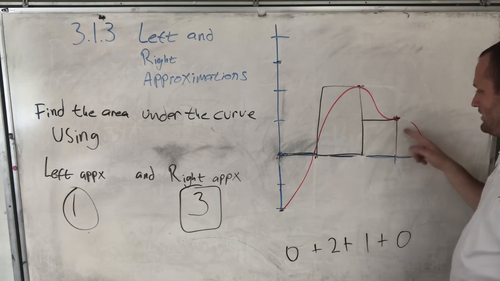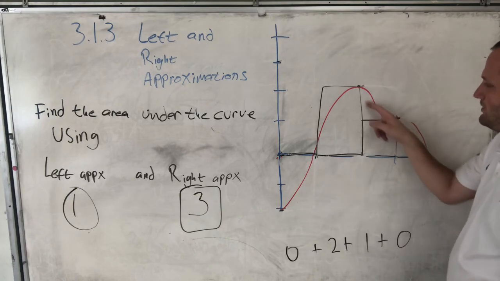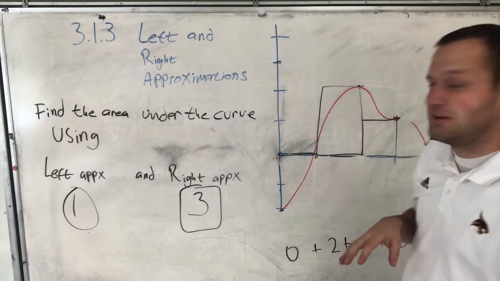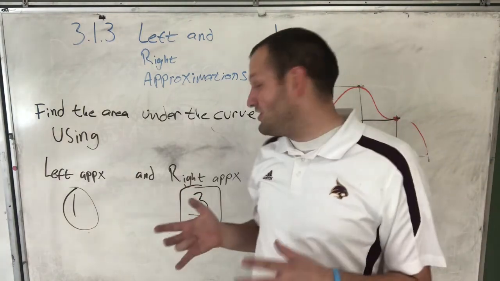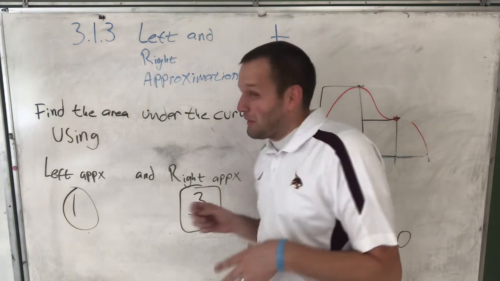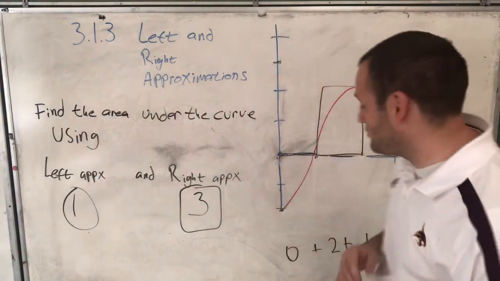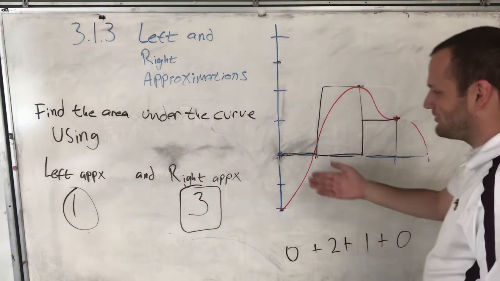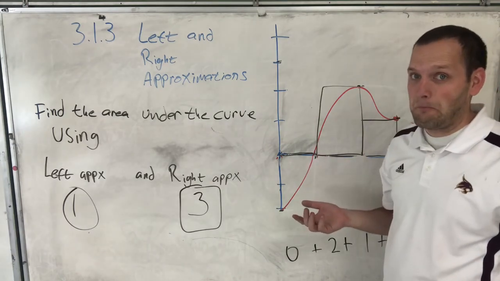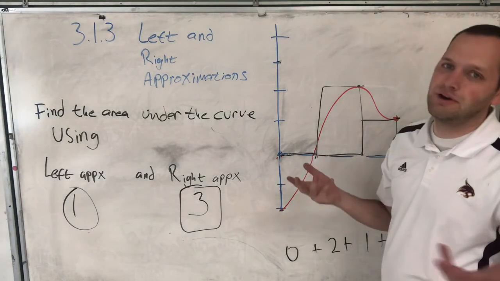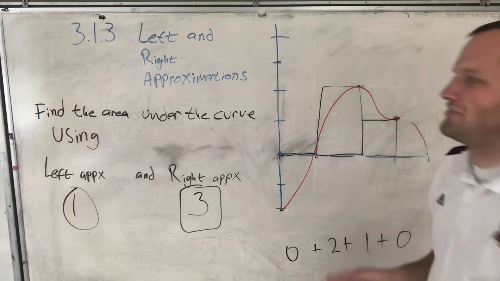If you combine this little square and that little piece, I think that'd be a little bit more than 1. So 1 plus something a little bit more than 1, I'm guessing it's going to be a little bit more than 2. So in this case, I think the right approximation was actually a little bit closer than the left approximation. But if you notice, the right approximation didn't even take into account the negative. I could be off. I don't know. That's just my approximation.